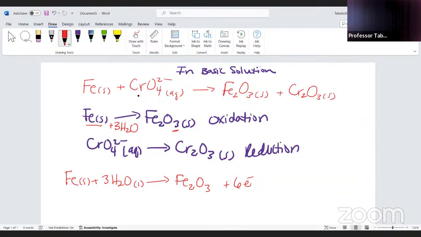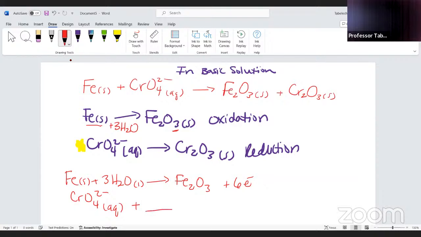Now, the next thing we're going to have to do is rewrite the bottom equation, this next one right here that I'm going to put a little yellow star by, okay? So we've got CrO4 with a 2 negative, okay? Aqueous plus. Now, here's the deal when it comes to your basic solutions. You have to add hydroxide ions to balance them out, okay?